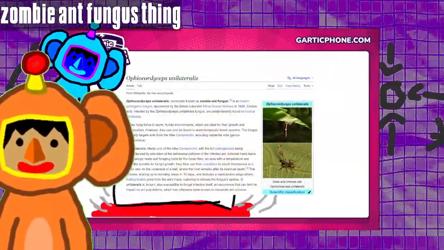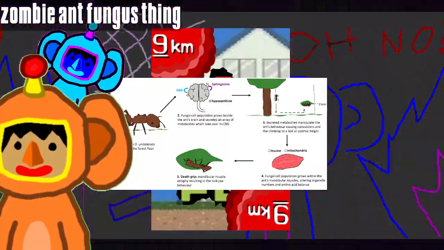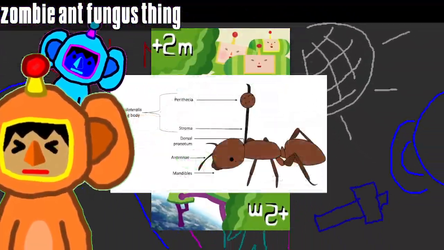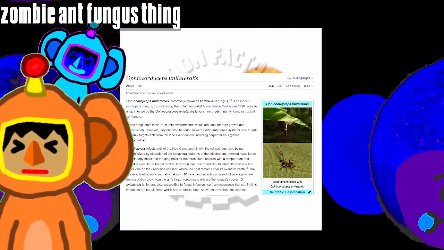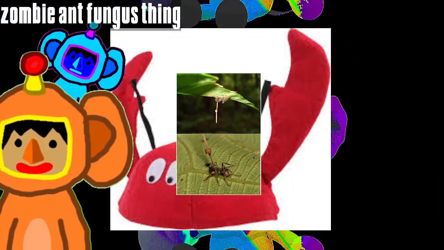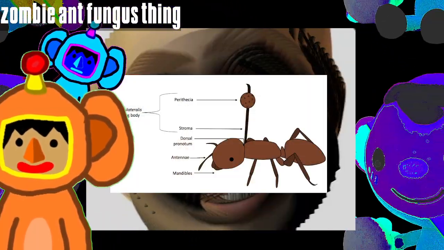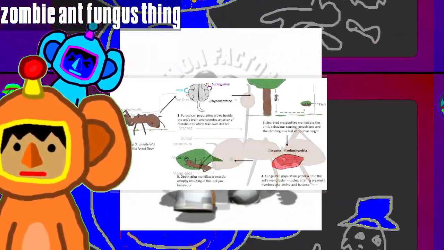The zombie ant fungus infects ants of the tribe Camponotini, with the full pathogenesis being characterized by alteration of the behavioral patterns of the infected ant. Infected hosts leave their canopy nests and foraging trails for the forest floor, an area with a temperature and humidity suitable for fungal growth.